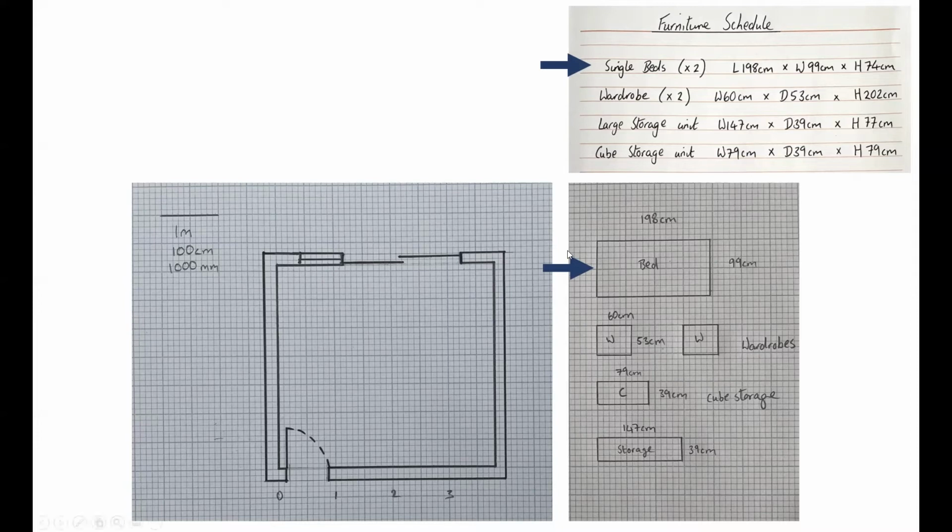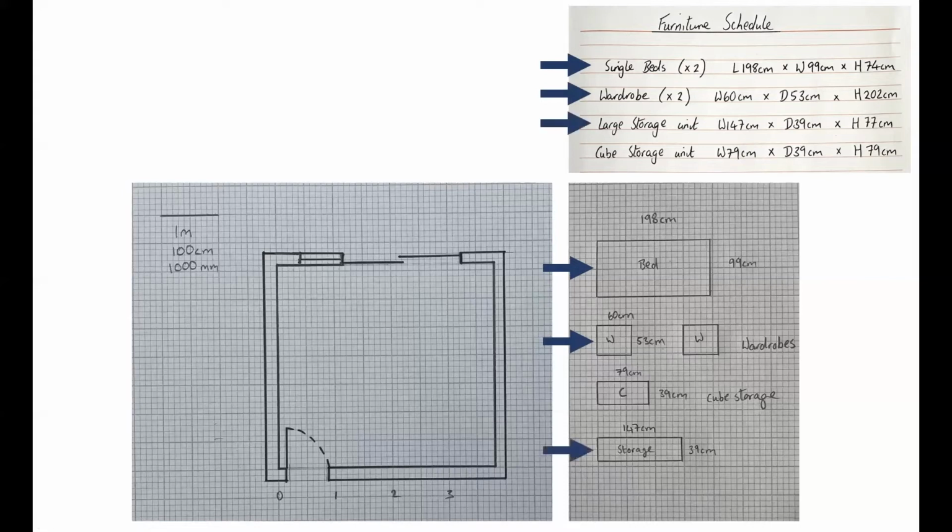So I've used this 1 metre scale here, just under 2 metres, so it's 198 centimetres, so you can see there, and it's just pretty much a metre wide, 99 centimetres. So yeah, that bed's drawn to scale there. And then we've got the wardrobes. I've got 2 of those which I've drawn out.